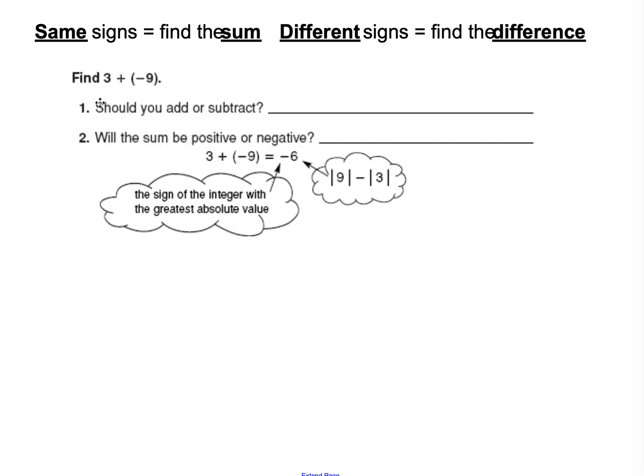I am going to subtract. Okay, and then will our sum be positive or negative? Well, I have 9 negatives and 3 positives. Because I have more negatives, my answer is going to be negative. So I'm just going to write a negative sign there.